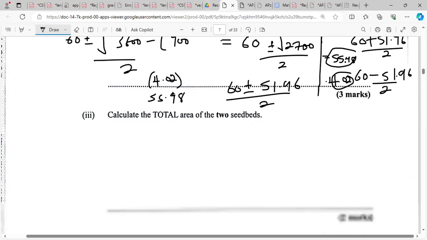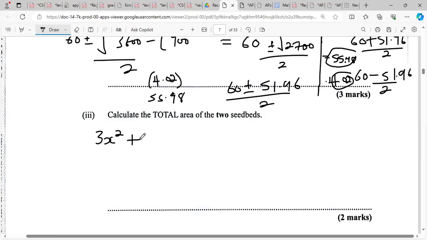Calculate the total area of the two seed beds. The first one was x times 3x, so that gives us 3x squared. That's the area for the rectangle, plus we want the area for the square now, which was y times y.